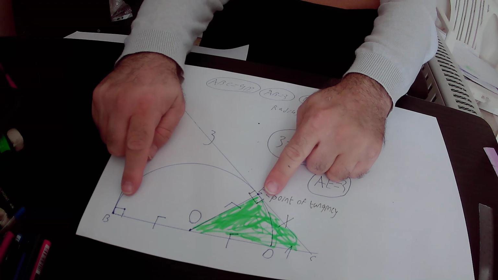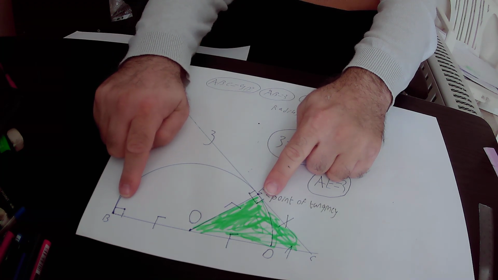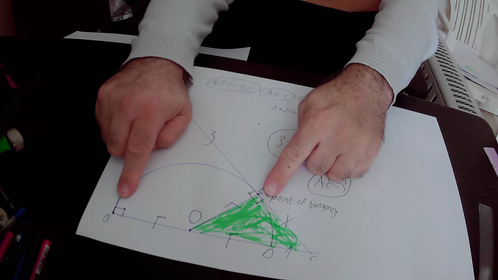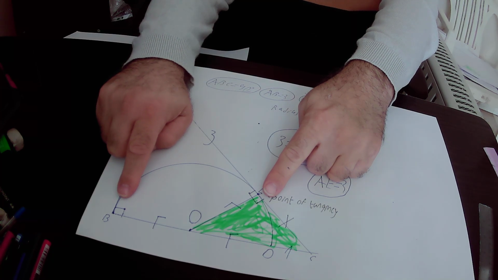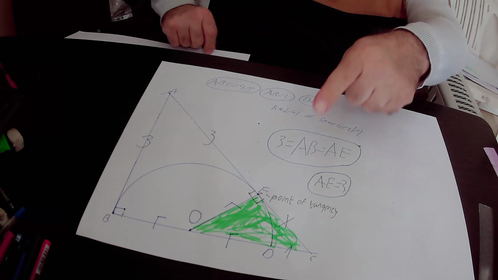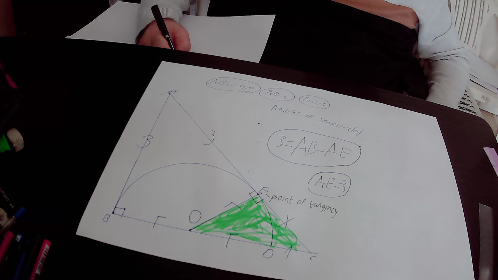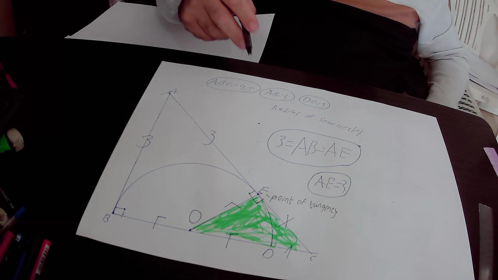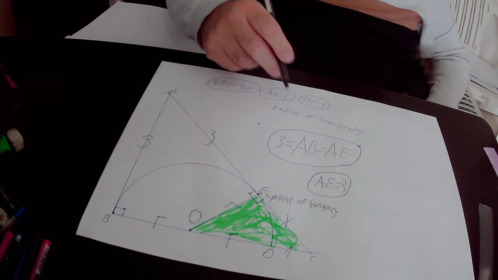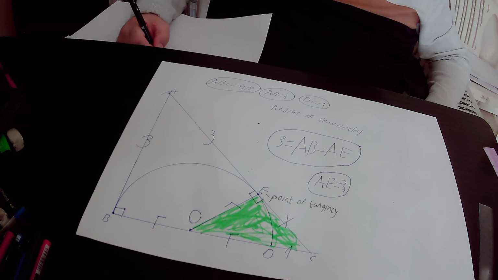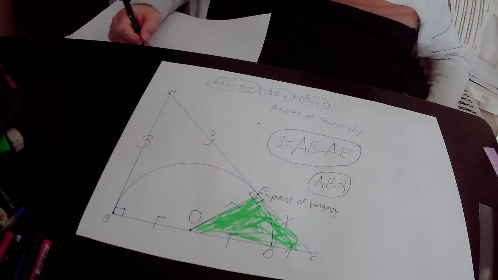Actually, those two angles are equal to each other, they are both right angles. So we'll write down that angle ABC in triangle ABC equals angle OEC in triangle OEC, and they are both equal to 90 degrees.